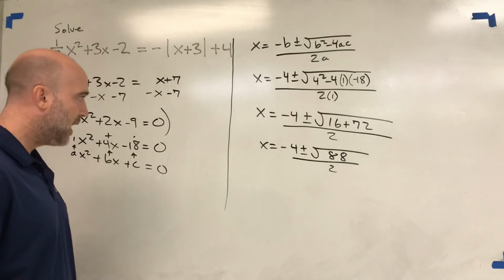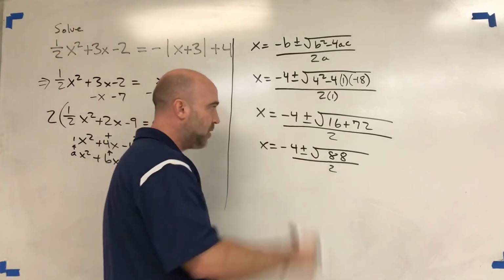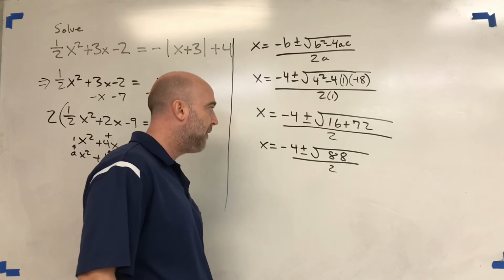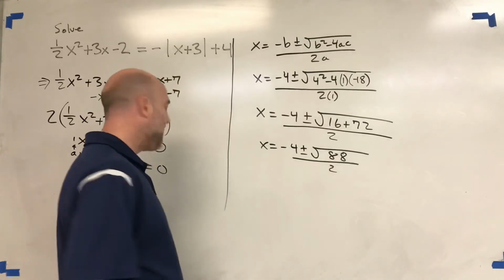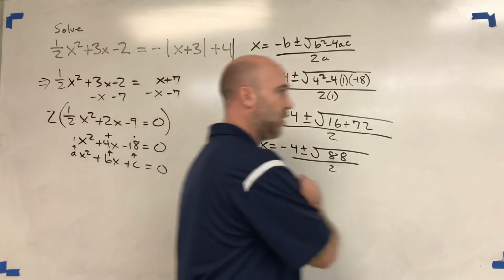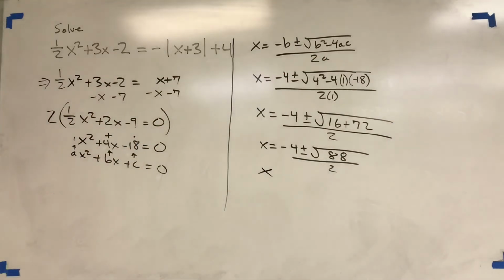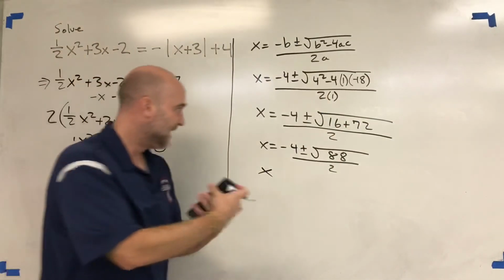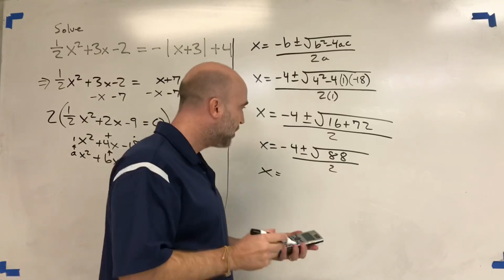And, oh boy, it looks like we're done. All we have to do is calculate this. I could simplify if I wanted to, but we wanted decimal answers for this original problem. So I'll just go ahead and plug it into the old calculator. All right. Equals. So we got two answers here.